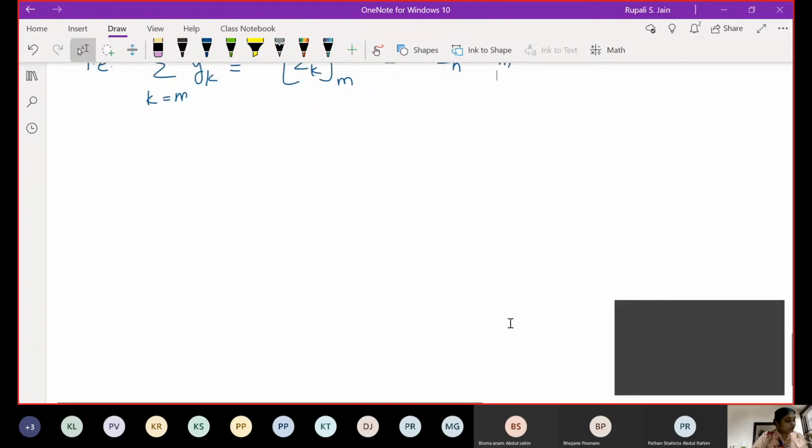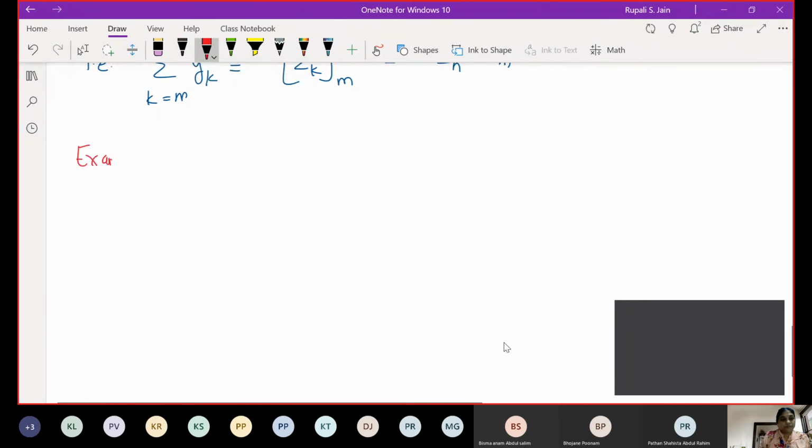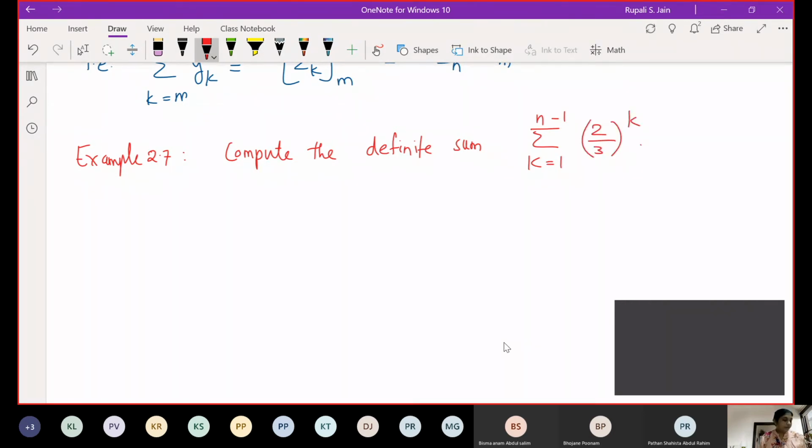Now we will come to the example. Example 2.7. Compute the definite sum, summation k is equal to 1 to n minus 1 of 2 by 3 raised to k.